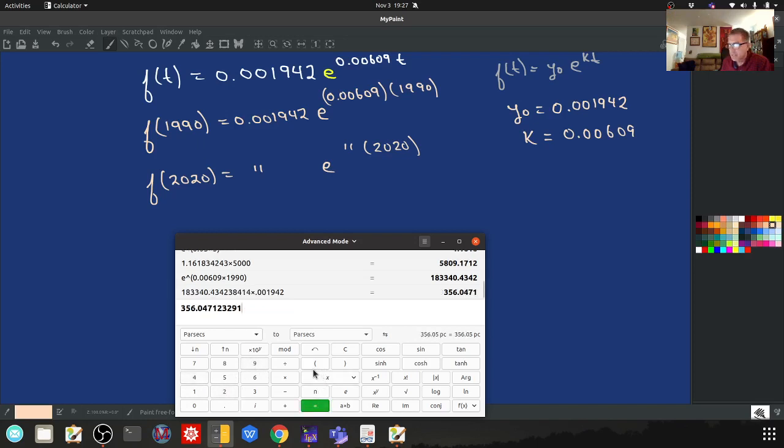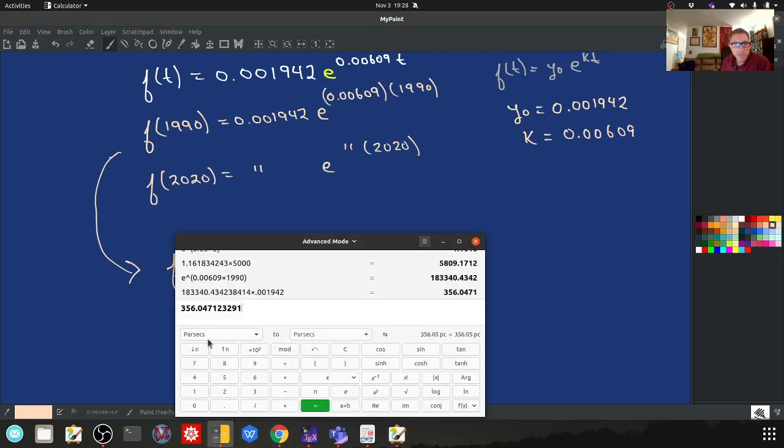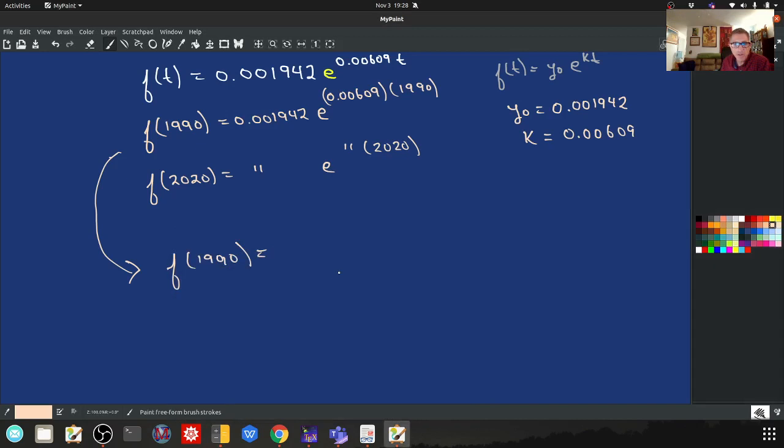And the answer we get for this one, f of 1990, is equal to 356.047. We'll just do 356.04, I think maybe round it up, parts per million.